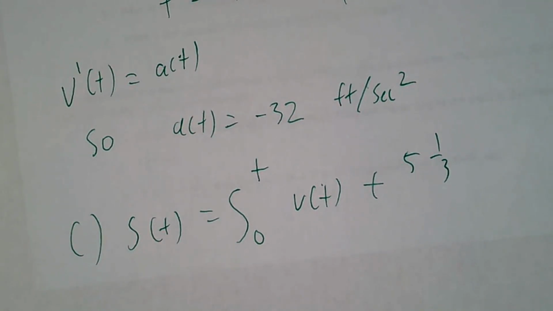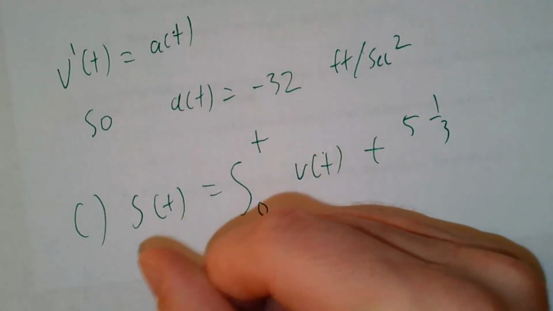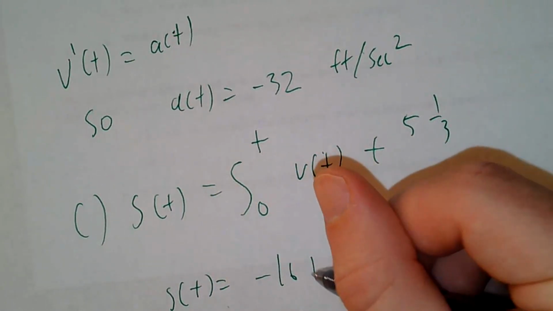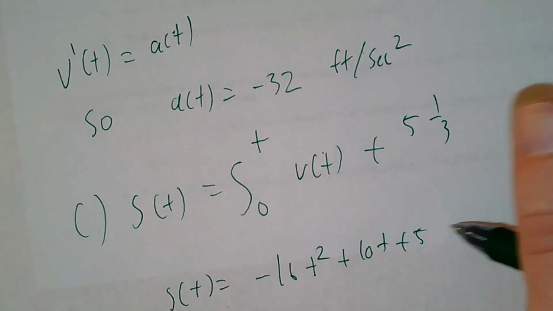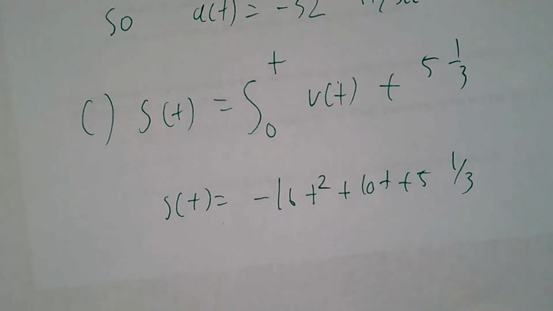So S of t will be negative 16t squared plus 10t plus 5 1/3. This is like the C, if you can picture that. The 5 1/3 is the C.